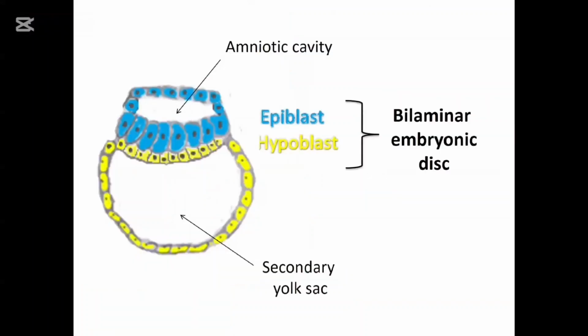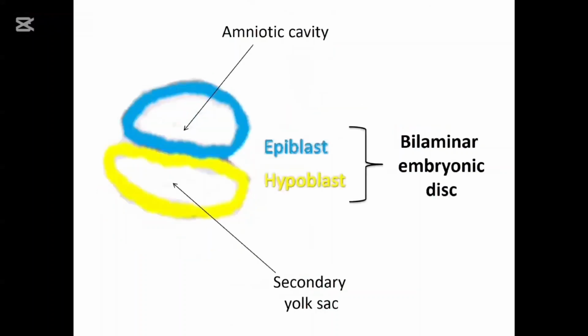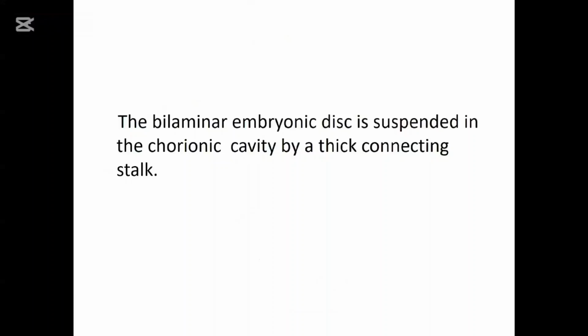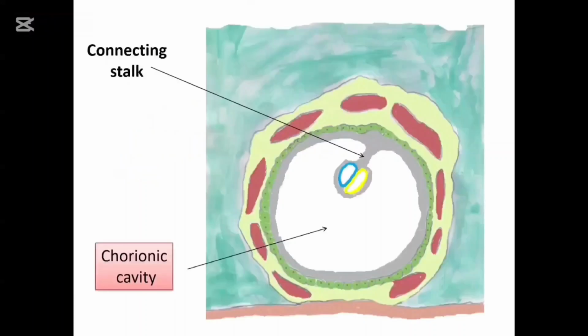Again, here is the amniotic cavity and secondary yolk sac surrounding the bilaminar embryonic disc. Here is the epiblast, hypoblast. Together they are named the bilaminar embryonic disc. The bilaminar embryonic disc is suspended in the chorionic cavity by a thick connecting stalk.